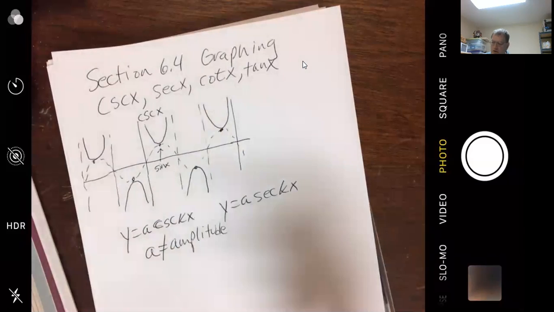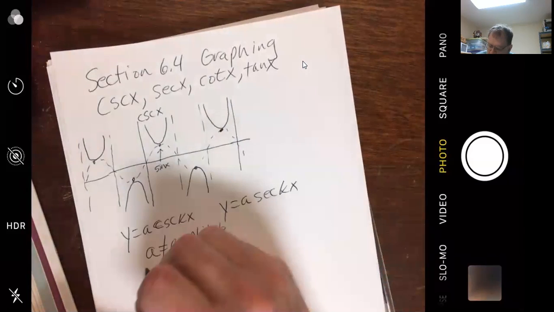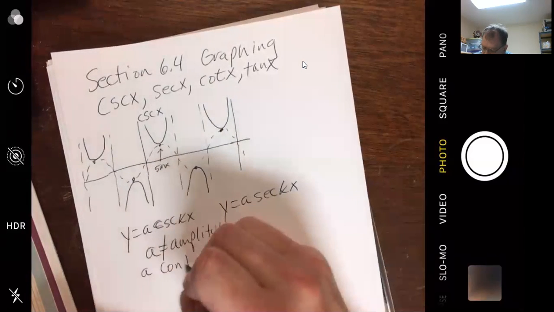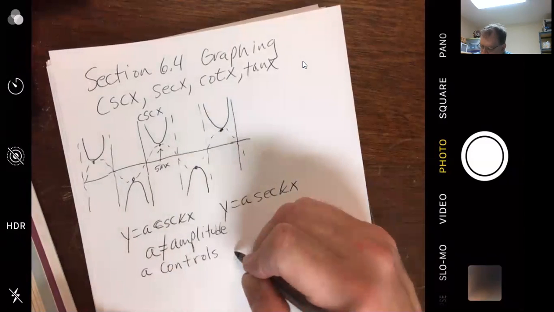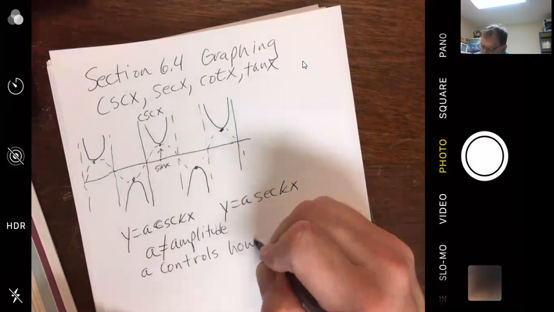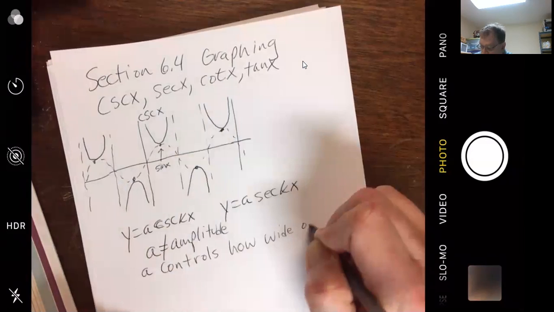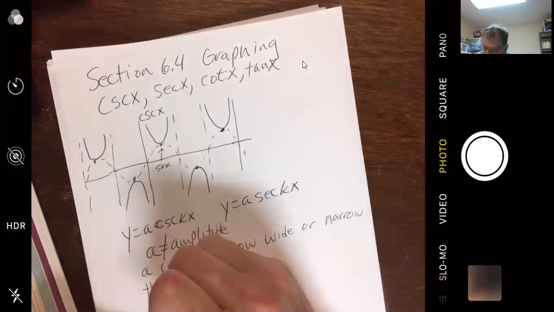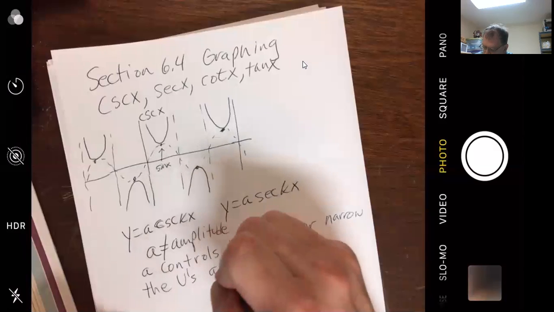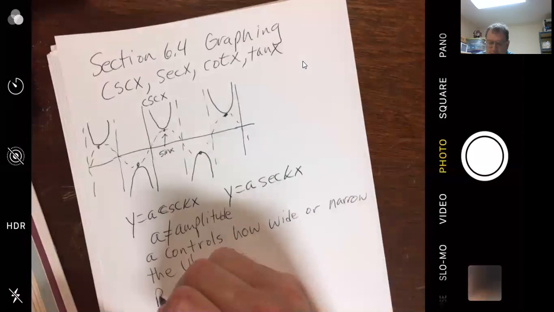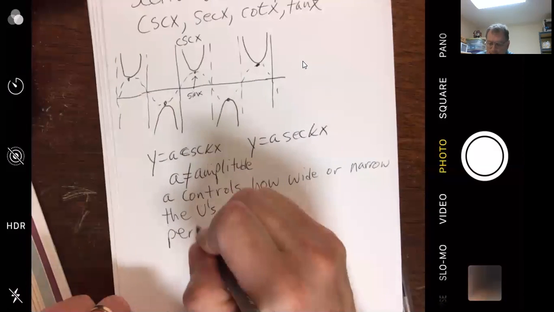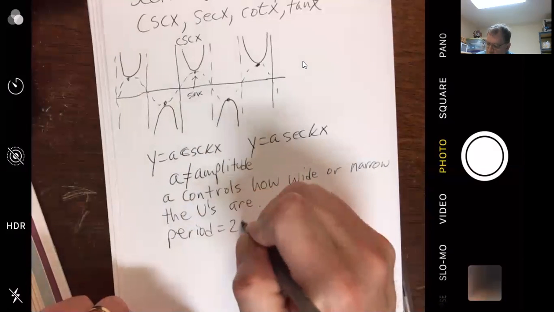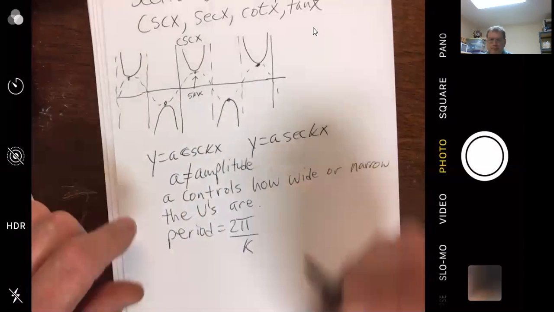It just controls how wide or narrow the U's are. Period: 2 pi over the k.